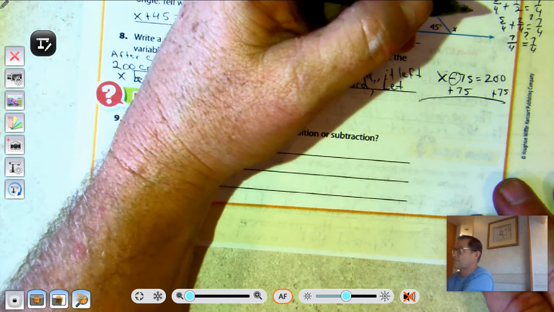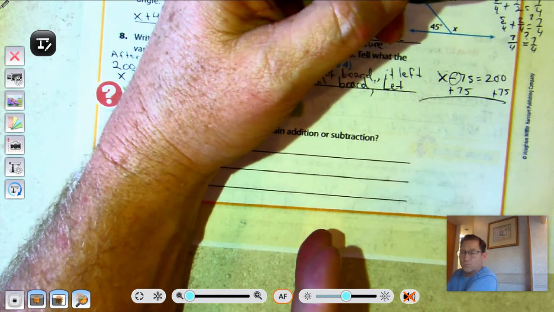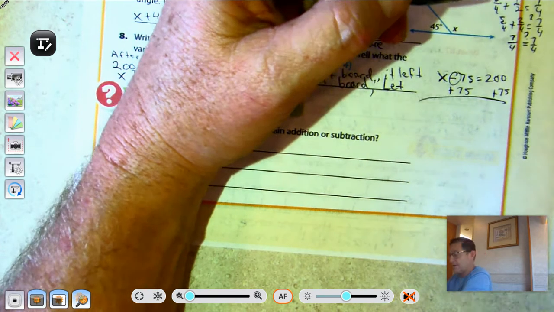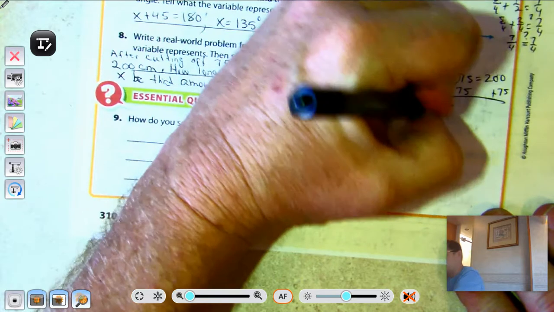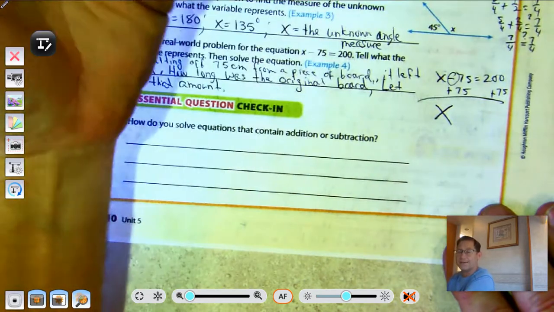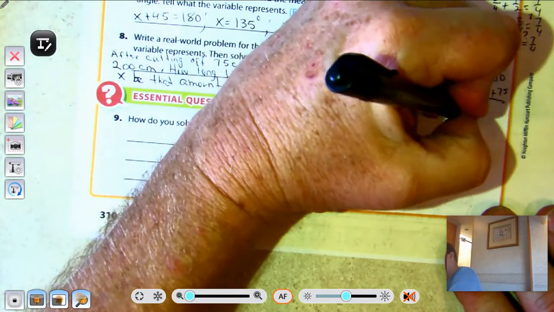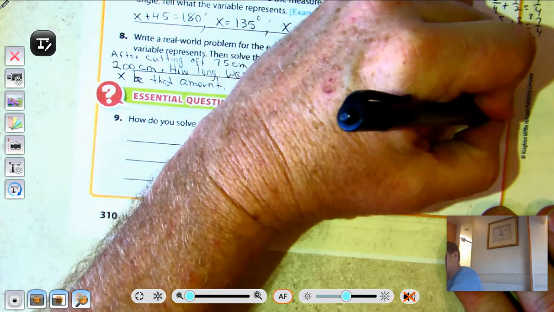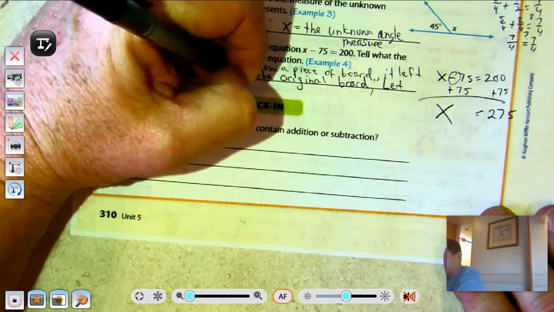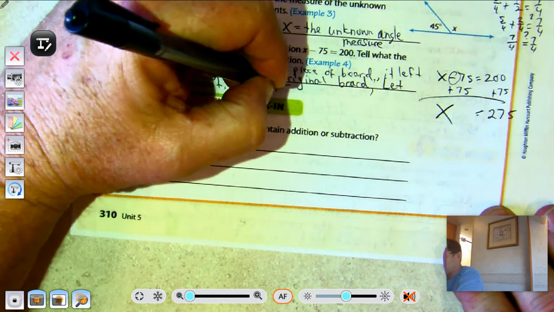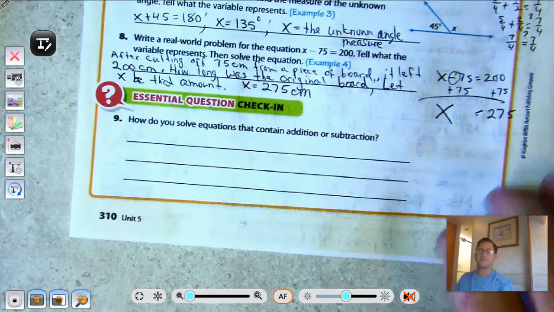I'm sorry, removing them from the left-hand side as well as on the right-hand side. All right, so we removed the negative 75 by adding 75. And so 200 plus 75 is 275. So x equals 275 centimeters.